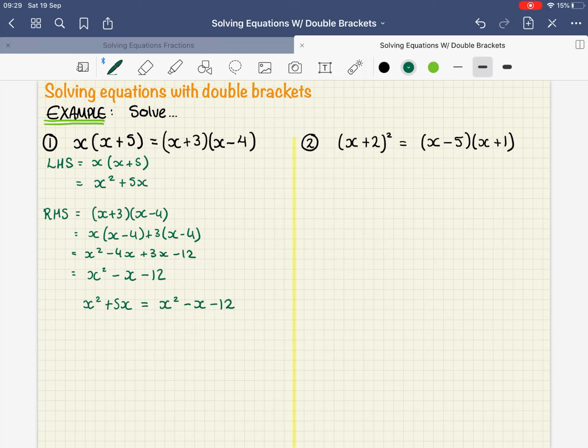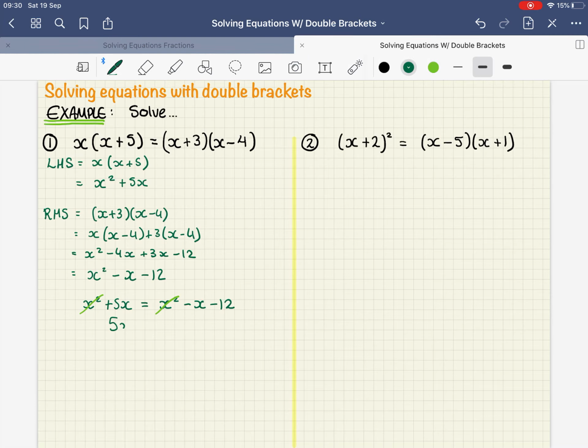Because they are the exact same, I can just cross them out. Think about it this way, if I was to take away x squared, it's just going to completely get rid of the x squareds on both sides. So I can just cross them off straight away.